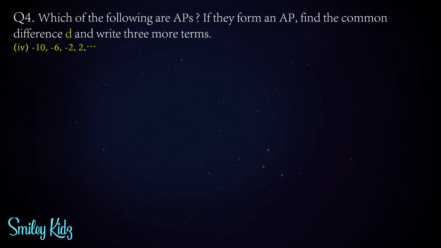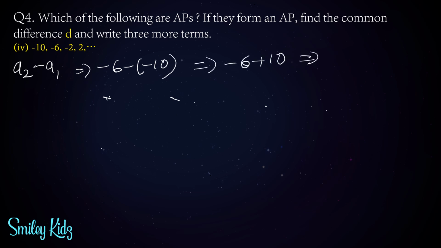Moving ahead, we have minus 10, minus 6, minus 2, 2 and so on. So first let's check whether this is an AP or not. So minus 10, minus 6, minus 2 and 2. Now first let's find out A2 minus A1. That is, you're going to first find out the common difference and check, which is going to be minus 6 minus of minus 10, which is basically minus 6 plus 10, which is equal to 4.